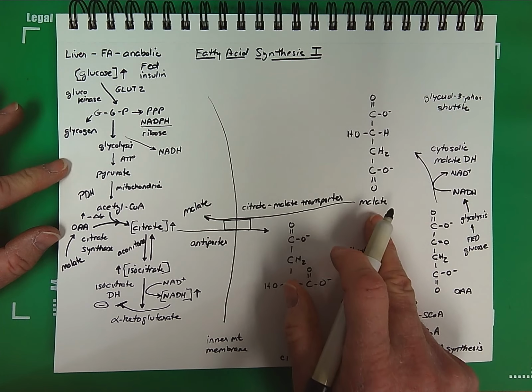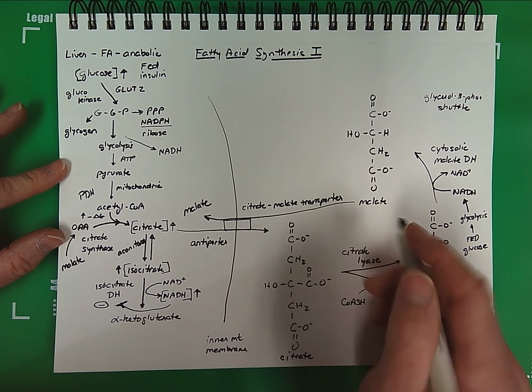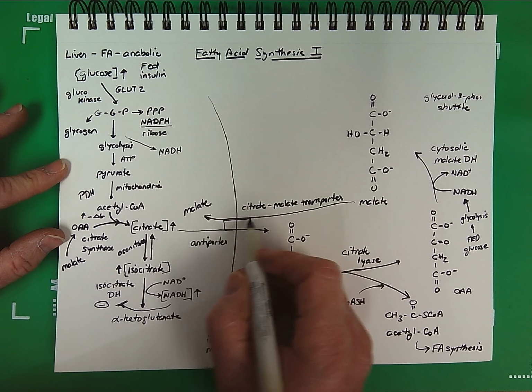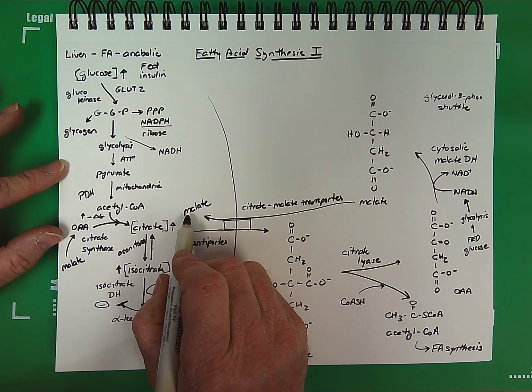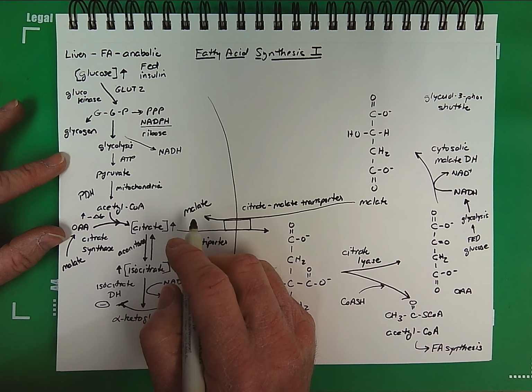Okay, now going back to the malate, one direction the malate can take, as we said, is using the citrate malate transporter to be returned to the matrix of the mitochondria.